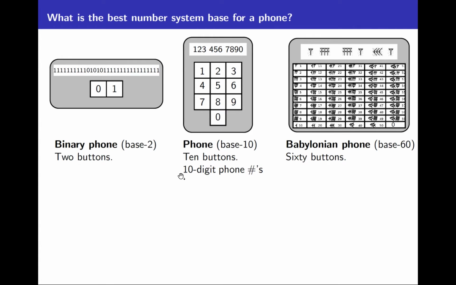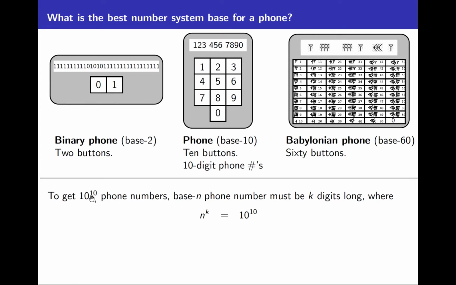Now, let's think about how long a phone number would have to be in base n. And let's say you wanted 10 to the 10, or 10 billion different phone numbers. To get 10 to the 10 phone numbers, a base n phone number would have to be k digits long, where n to the k equals 10 to the 10. Now remember, for base n, n to the k is how many different numbers can be represented by a k-digit base n number. And we want that to be 10 to the 10, or 10 billion.